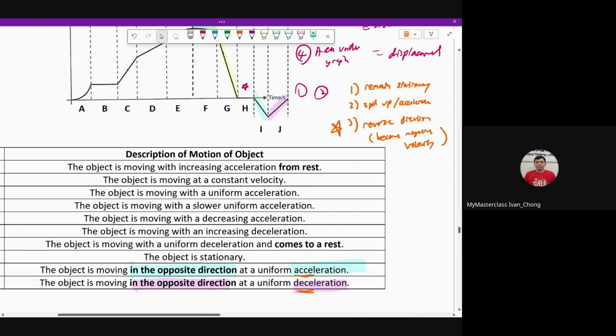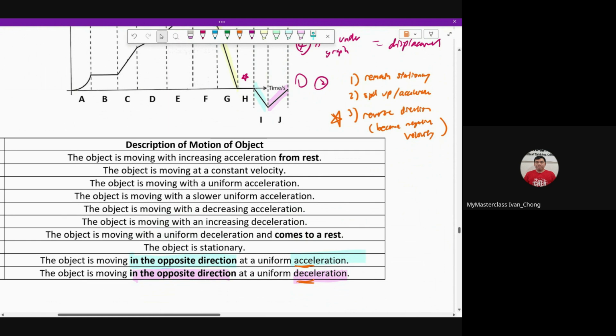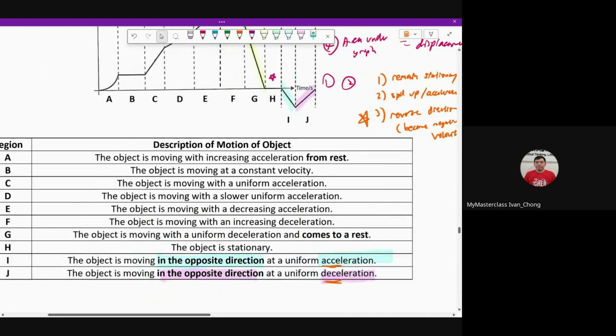Similarly for J, normally this is your uniform acceleration, but because it's below your horizontal axis, I flip the sign and it becomes uniform deceleration in the opposite direction. You can put in the opposite direction at the back, or you leave it as this format, it's fine.